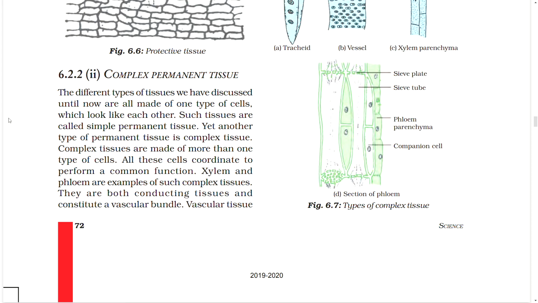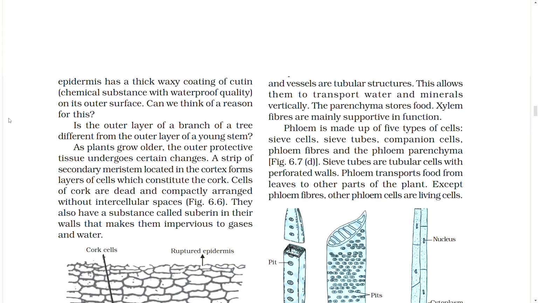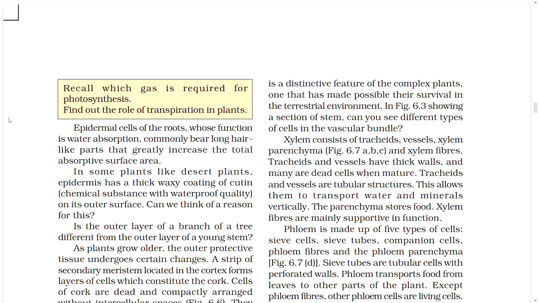Vascular tissue is a distinctive feature of the complex plants, one that has made possible their survival in the terrestrial environment. In the figure showing a section of stem, can you see different types of cells in the vascular bundle? Xylem consists of tracheids, vessels, xylem parenchyma, figure A, B, C, and xylem fibers.